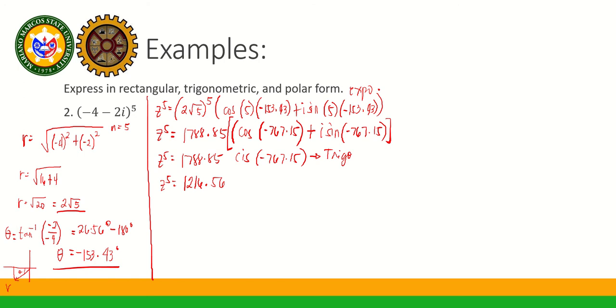Okay? So, that will be equal to negative 1311.47 i. So, this is now in rectangular form. So, ano yung R natin? Our R is equal to 1788.85, and our theta is equal to negative 767.15 degrees.